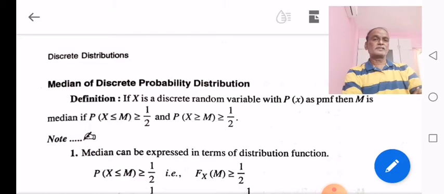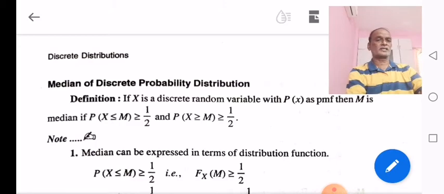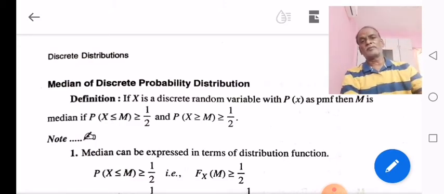The CDF at m is greater than or equal to half, that is, probability of X less than or equal to m is greater than or equal to half. Both conditions must be satisfied: probability of X greater than or equal to m is also greater than or equal to half. If both conditions are satisfied, then we say that m is the median.